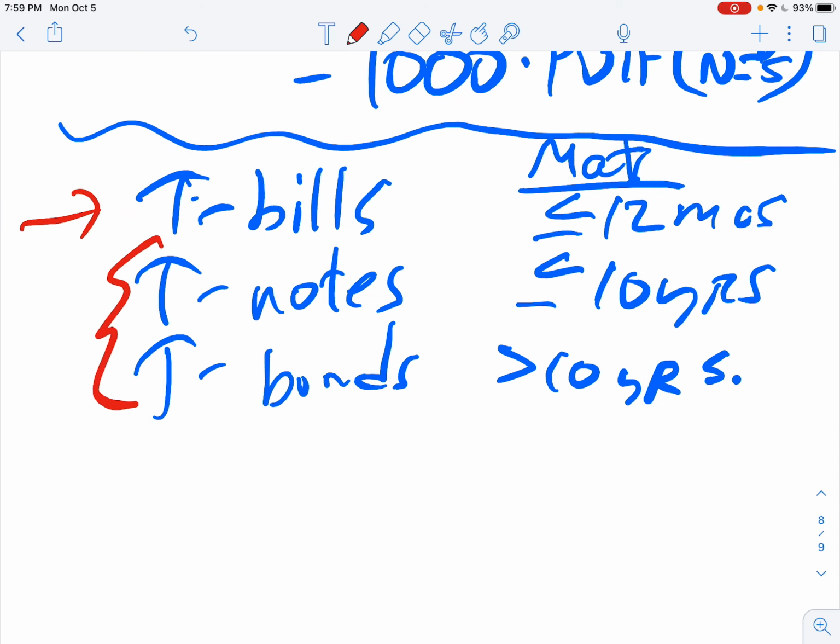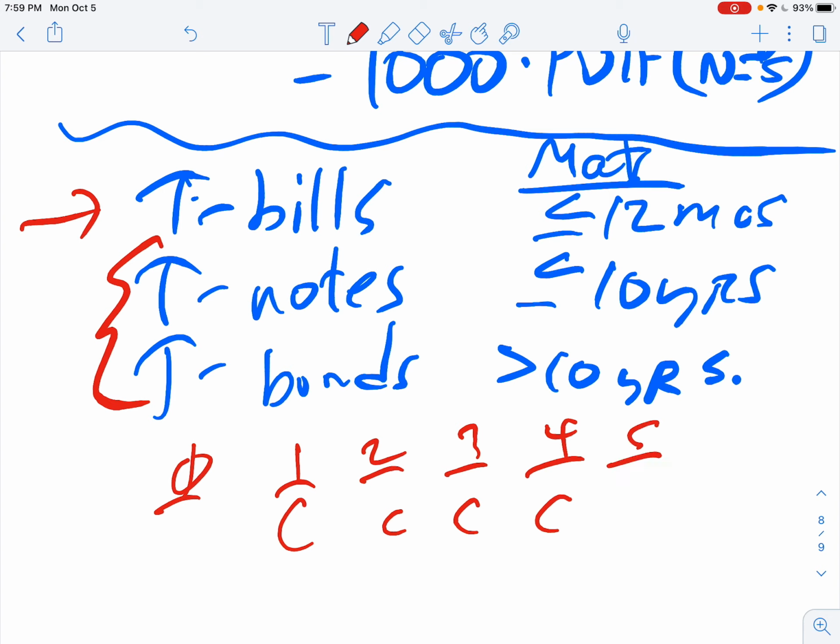T-notes and T-bonds are both issued as coupon bonds. In other words, they'll make, usually it's every 6 months. So at date 1, which is 6 months from date 0, they'll pay a coupon payment. At date 2, coupon payment. Date 3, date 4, date 5. And then just pretending it's a 6-period coupon bond, at date 6, they'll pay 1,000 plus the coupon.